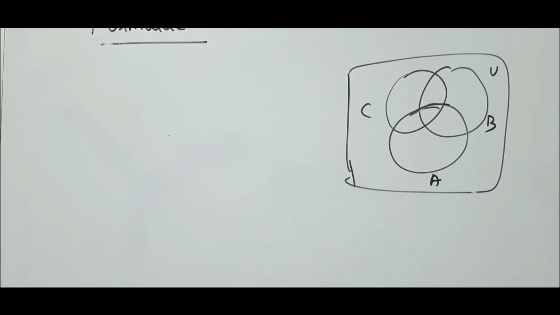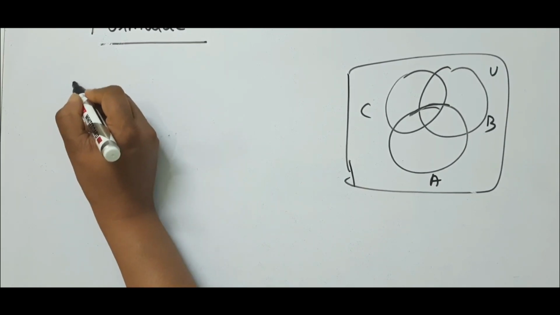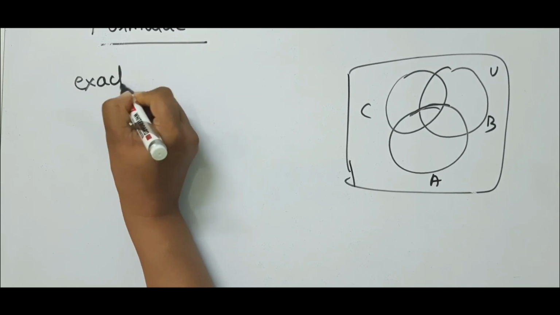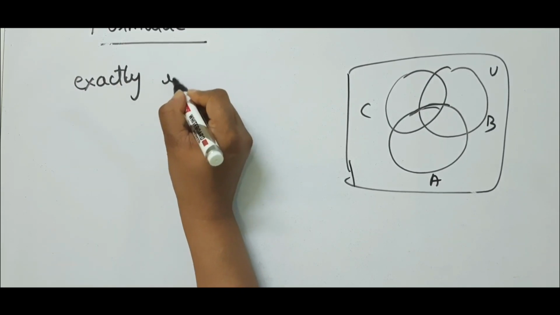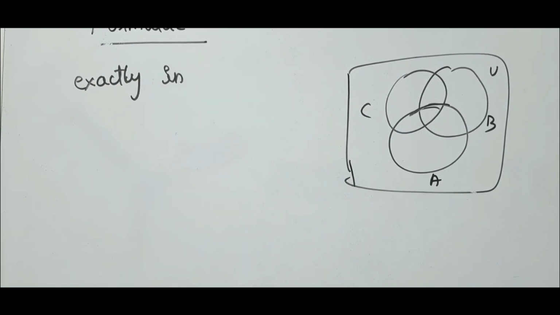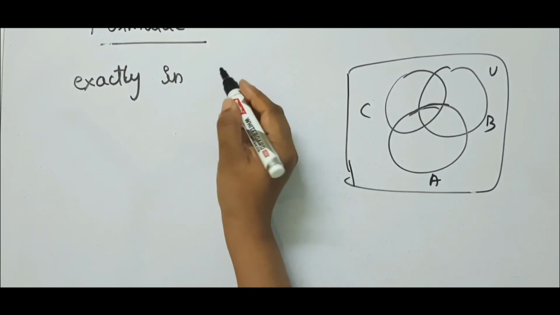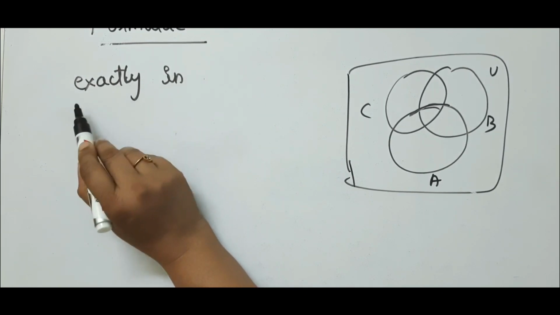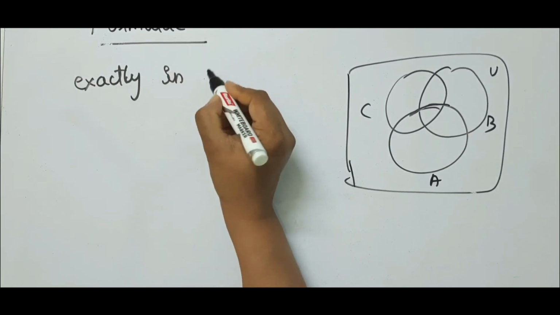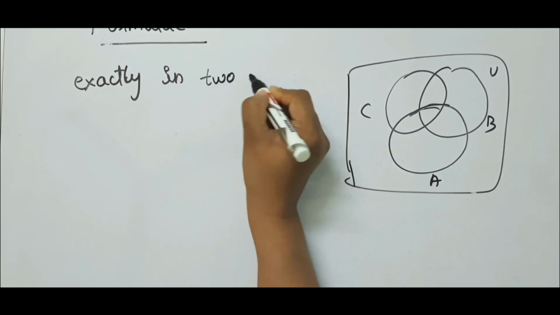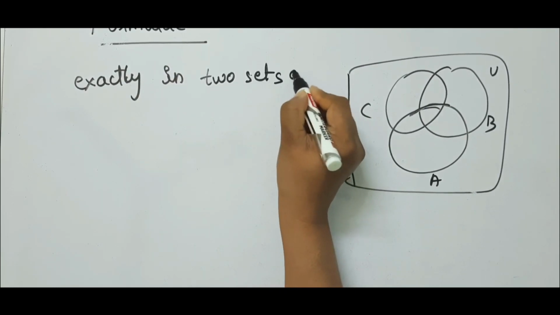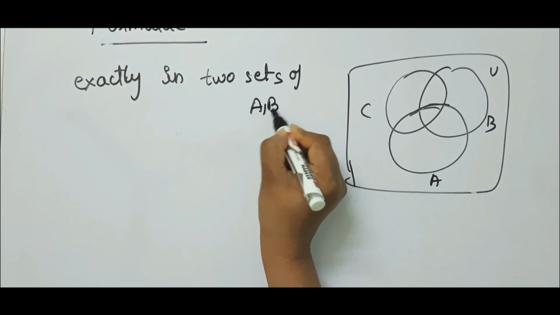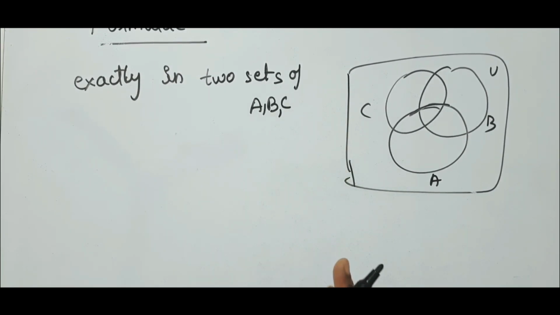Suppose you want to find the number of elements which are exactly in two sets, in any two sets of A, B, C. That is, if they ask to find the number of elements which are common in exactly two sets.